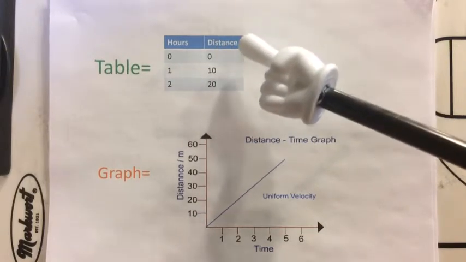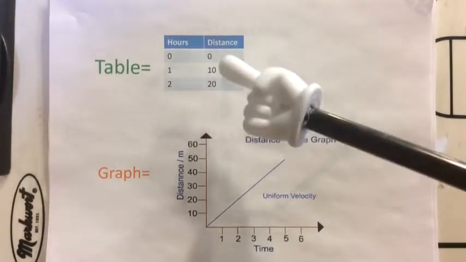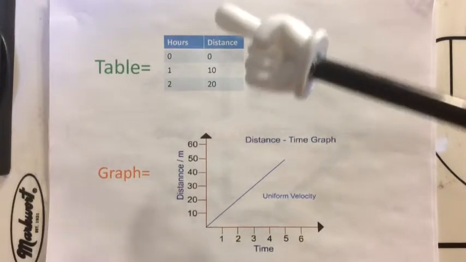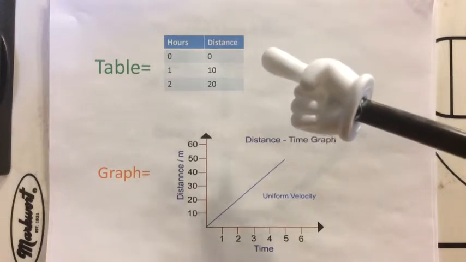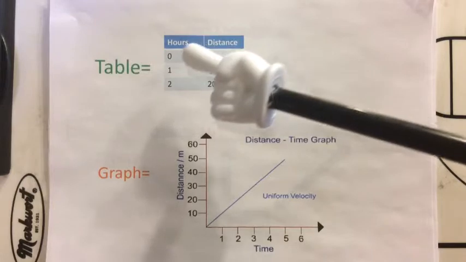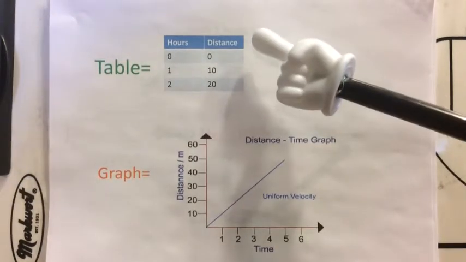Now look what I put up here. I started off with 0, 0. Now why did I do that? Well, the answer is pretty simple. Every time you're trying to check for a unit rate, you would always want to start off equally. Now what I mean by starting off equally is this.